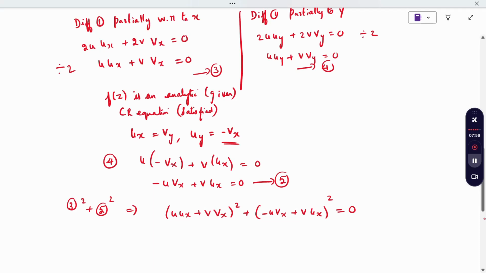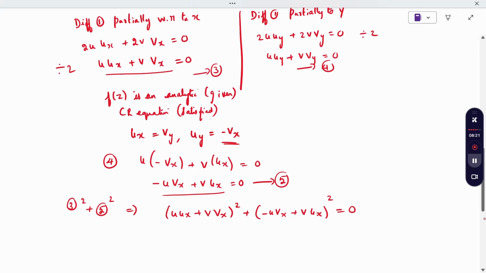The reason you will see after I do it: before, it was in terms of x and y. Now my new equation is in terms of x only. After using the CR equation, it becomes only an x variable. The y is removed altogether, so that is the reason I am doing that.